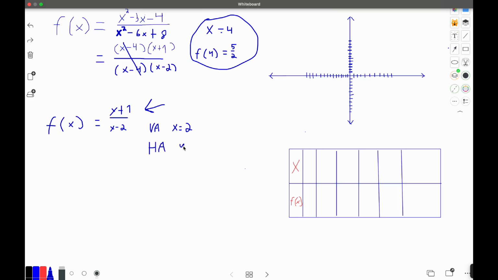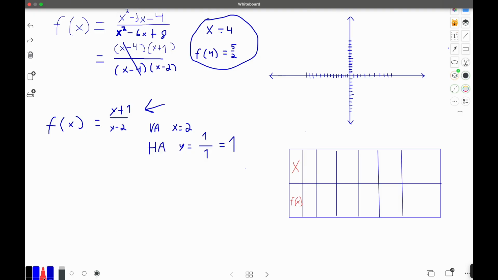The leading coefficient of the numerator is 1, and the leading coefficient of the denominator is also 1. So our horizontal asymptote is just y equals 1.